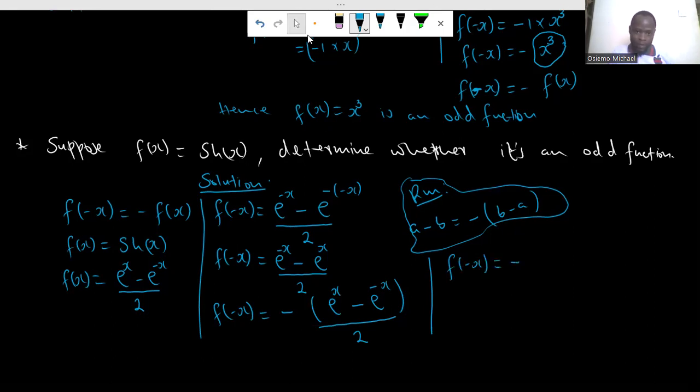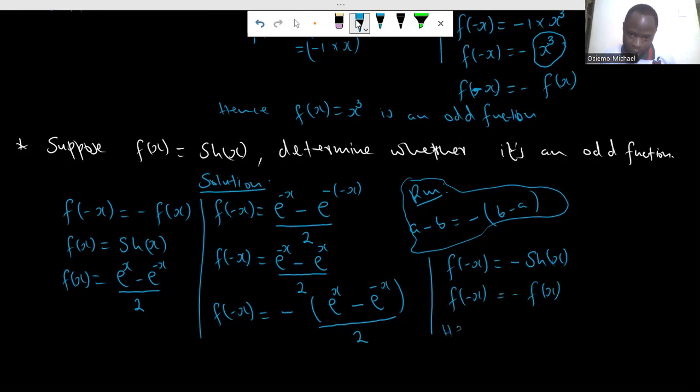Whatever we have here in the bracket, exponential x minus exponential negative x over 2, is simply the sine hyperbolic of x, of which the sine hyperbolic of x is our f of x. So you have f of negative x is equal to negative f of x.